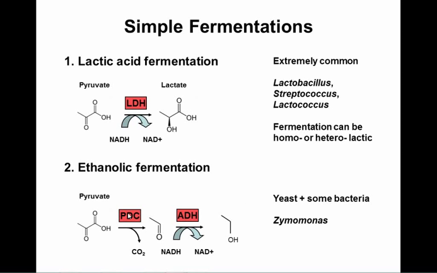And okay, also another simple one, ethanolic fermentation. So first, pyruvate is going to be decarboxylated. So you get rid of this carboxylate group here. This is kicked out as carbon dioxide. That leaves you, what do you call this? Acetaldehyde, right? I believe so. If not, you'll have to check an organic chemistry textbook. And then this will be reduced to ethanol.